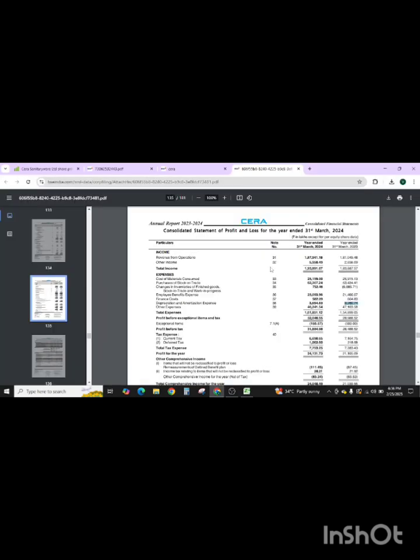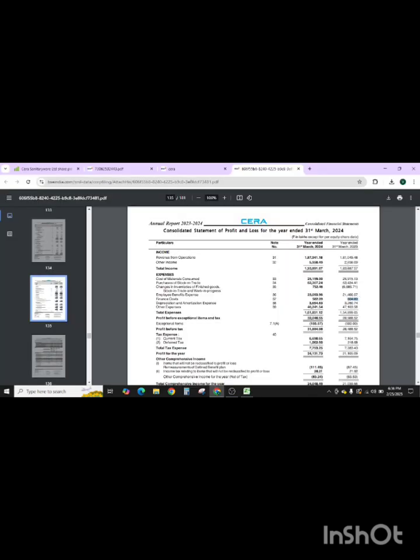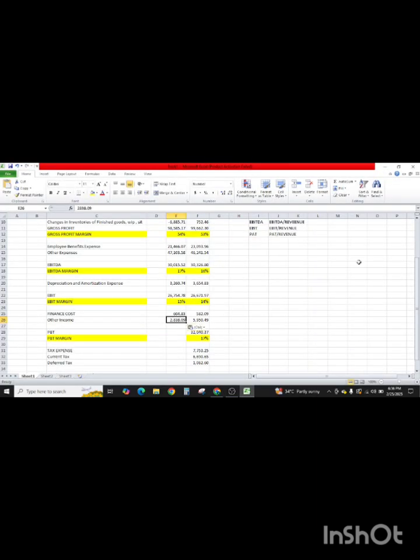Now finance cost, which will be 604.83, and other income, which we will take now. You got to know why we take other income below: because we need to find the gross profit margin, EBITDA margin and EBIT margin for core operations. The main core operation of a business should not include other income, which can sometimes be very high, sometimes very low, and it will make our margins fluctuate.